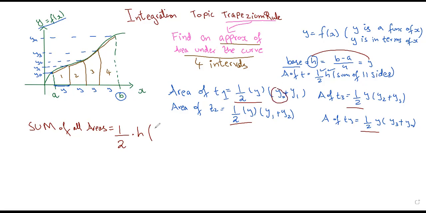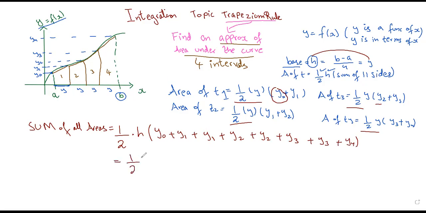I'll write down y0 plus y1 plus y1 plus y2 plus y2 plus y3 plus y3 plus y4. This is what I can write.